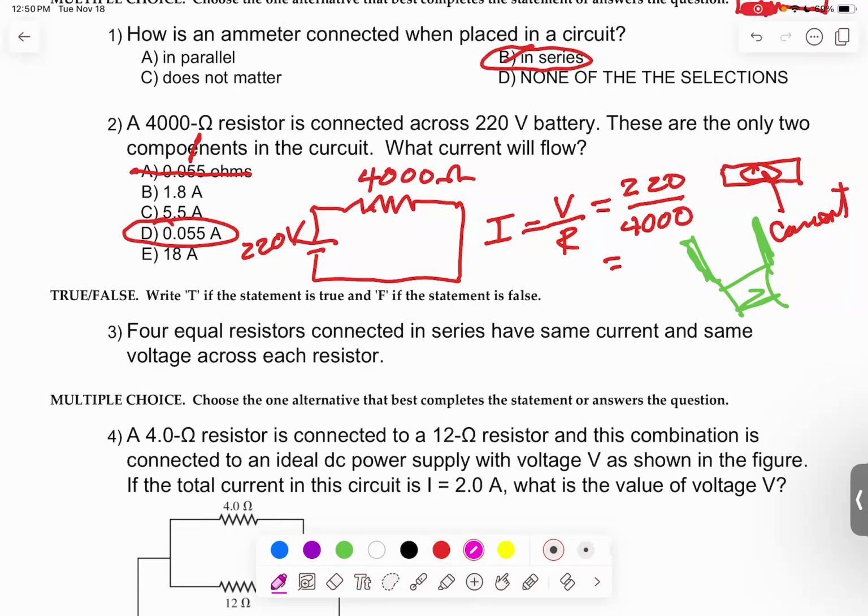So what you should realize here is that units of current are going to be in amps. Voltage is in volts, and resistance is in ohms. So that's probably the best takeaway from that.